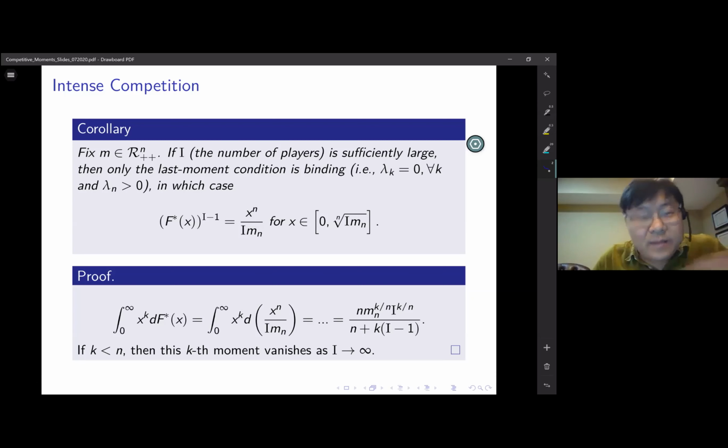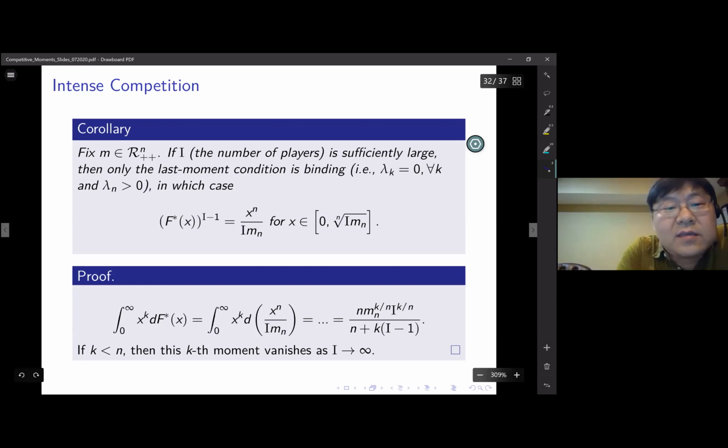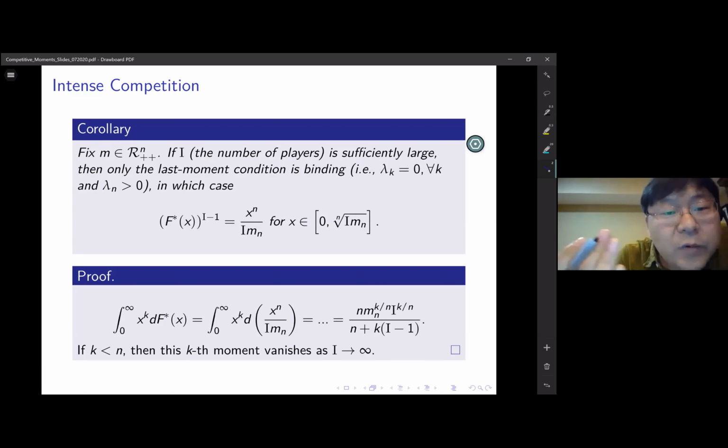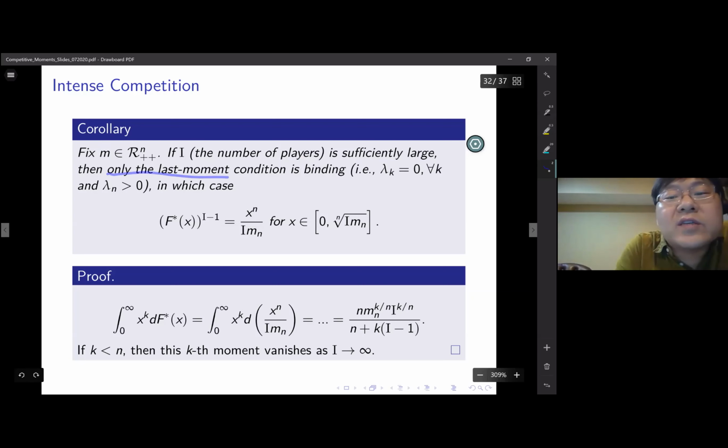All right, so I think this is by itself an interesting result. So here is what it says. Give me any moment constraint M. If the number of players is sufficiently large, in other words, competition is very intense, then in equilibrium, only the last moment condition is going to bind.